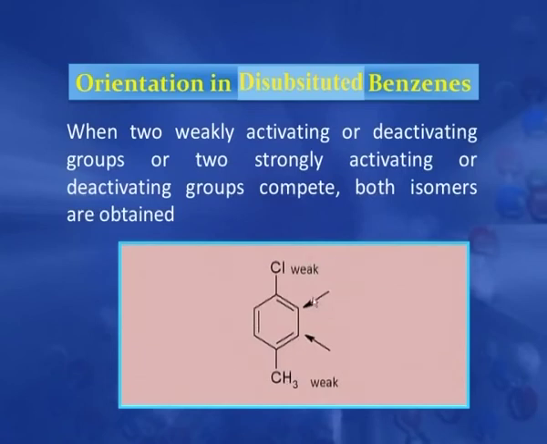So, this position is meta to Cl and this is meta to methyl, but here both isomers will get formed, ortho to this chlorine and ortho to this methyl.